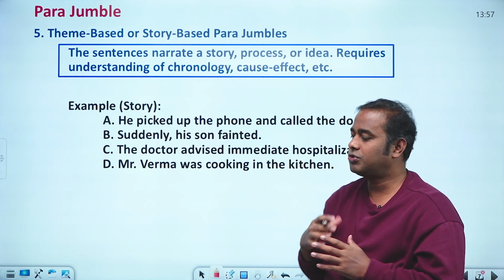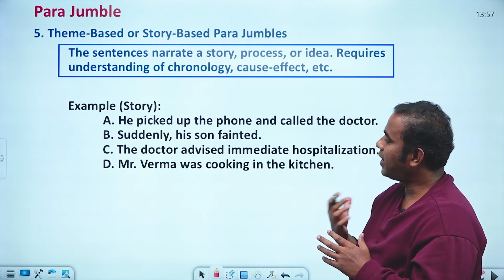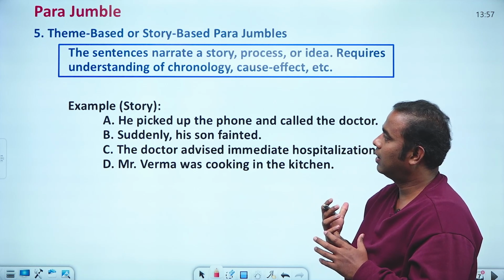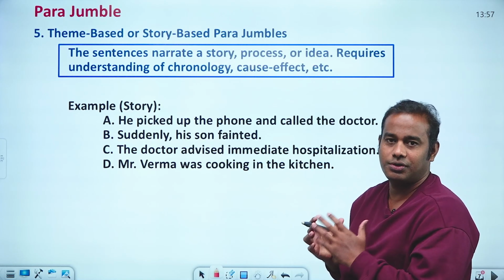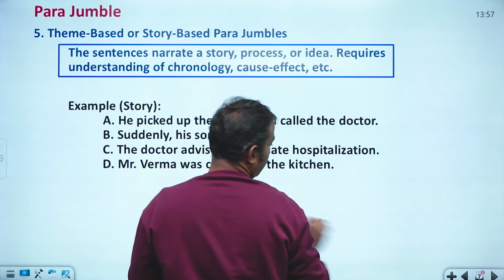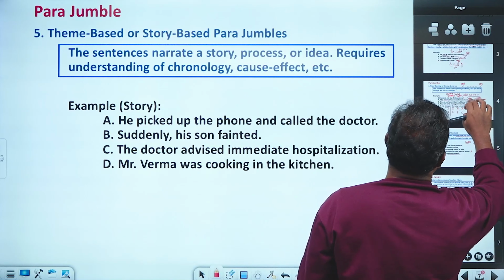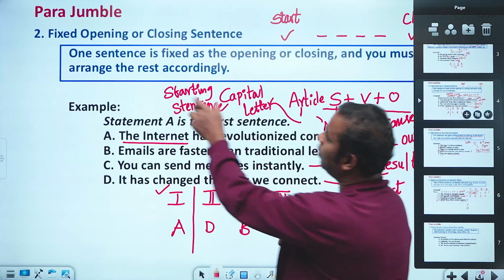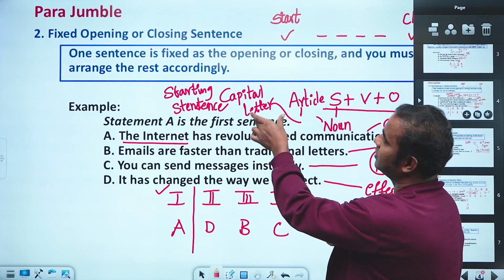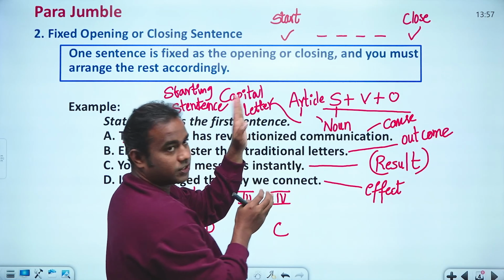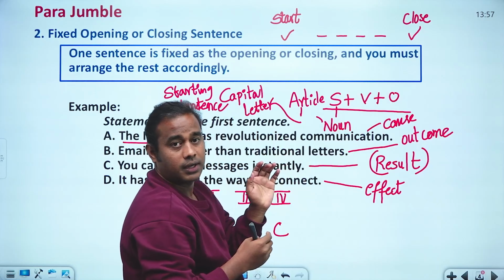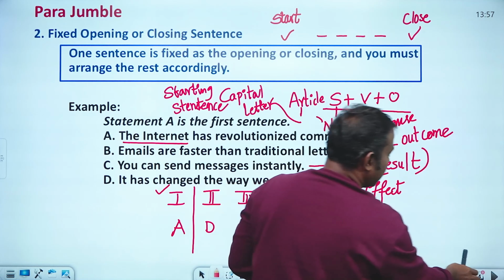In this storyline, you need to identify the start point and the finish point. As I said just before, with fixed opening and closing sentences, you have to identify the start point and the end point. Then you can actually solve it.